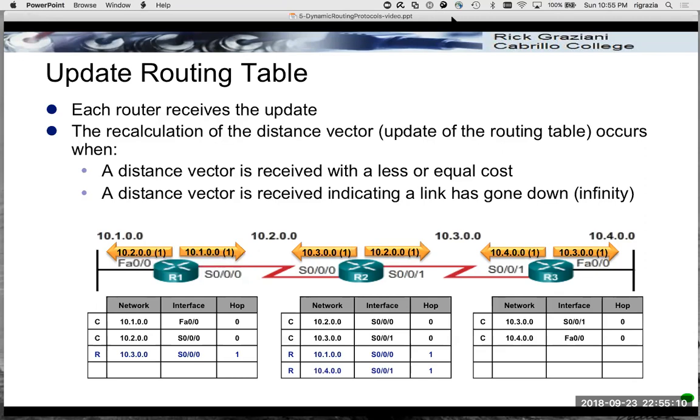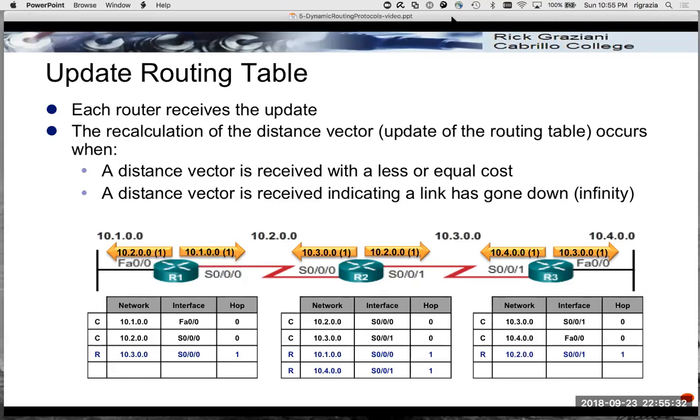R2 adds that to its routing table. And R2 is going to tell R3, hey, you can get to the 10.2.0.0 network. It's a directly connected network. We're assuming that's all it knows right now, its directly connected networks, and it tells R3.